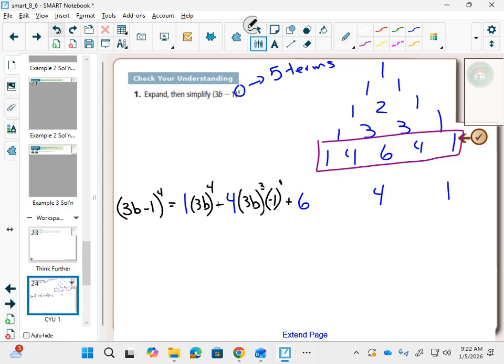The third one, we're going to have 3b's 2 times and the minus 1 2 times. Then the 3b once. And the minus 1 3 times, and finally the minus 1 4 times.